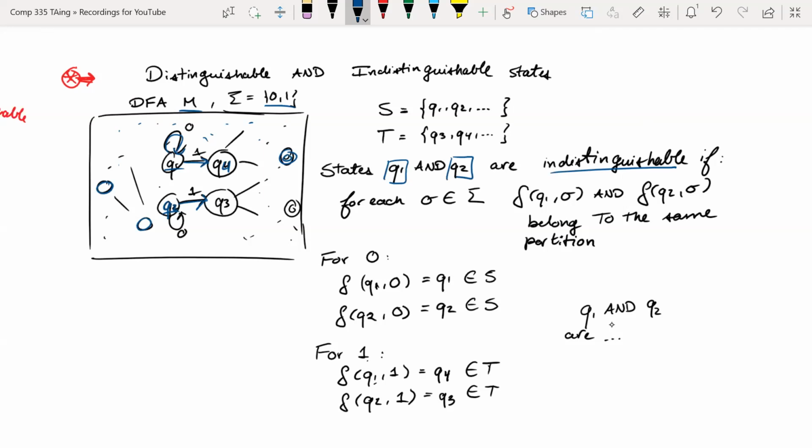Another piece of information you need to know before you try to answer this question is what partitions each state belongs to.